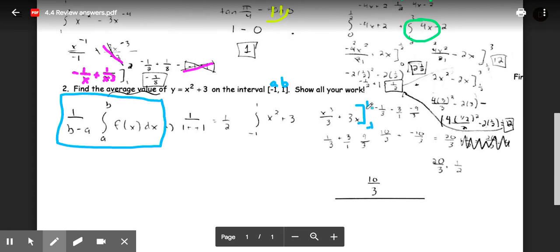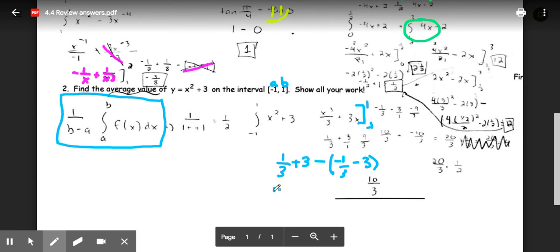Then you plug in the top bound 1. Then you minus, whoever did this work. So plug it into the top bound. Then you subtract, take negative 1 and plug it in. So it's negative 1/3 minus 3. Okay, and then you figure out what this is.